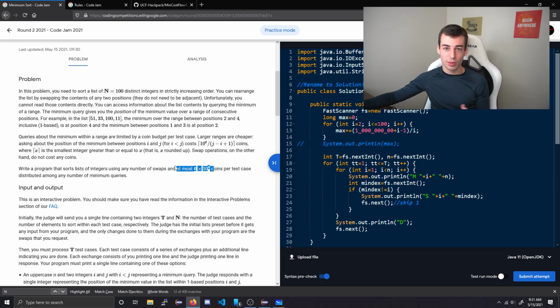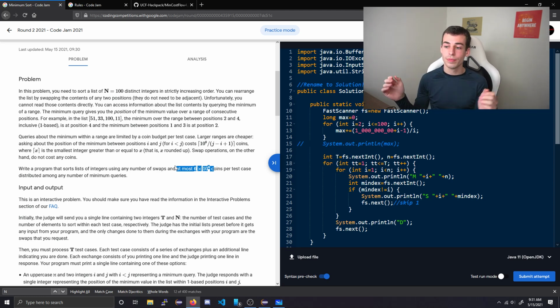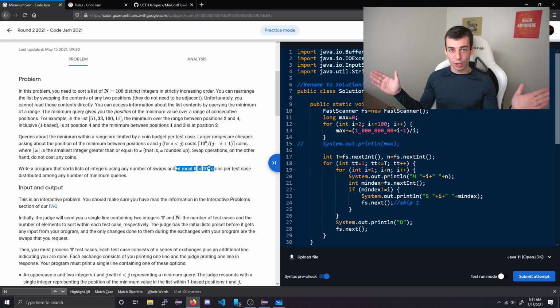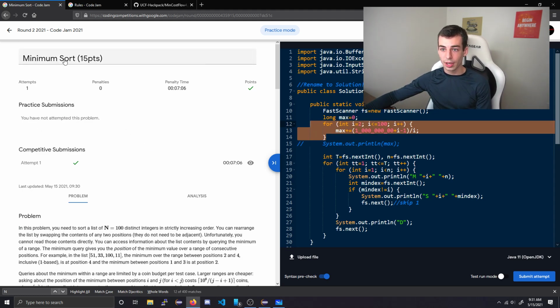So basically you have to make sure that you only query a range of each size once. You do that pretty easily by querying the entire range, finding the smallest thing, and then moving that to the front. You just keep doing that, eventually it'll be sorted. And that will take exactly this many moves. So that's it. That's minimum sort.